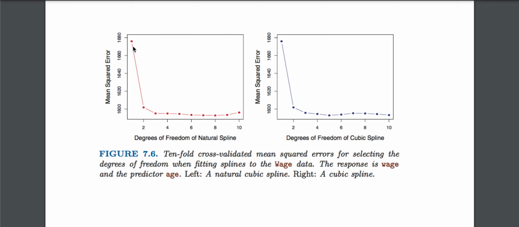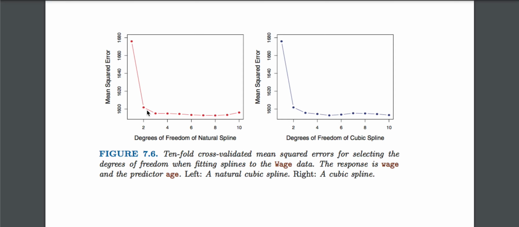For example, degrees of freedom here. So what are degrees of freedom? The degrees of freedom are proportional to the number of knots. This is the mean squared error for the spline. We have a natural spline, and then we have a cubic spline, and this is 1 degree, meaning 1 line.